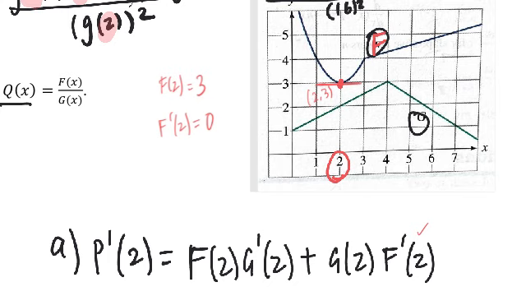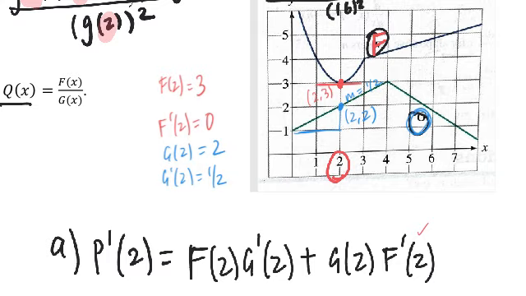G of 2, well, now we're on the lower graph, on this G graph, and we're still at x is equal to 2. G of 2 is right here, 2 comma 2. And G prime of 2, well, it's a straight line, so that's just going to be the slope of that line, which is 1 up for 2 over. The slope of this line is 1/2, right? So g prime of 2 is 1/2 and g of 2 is 2.